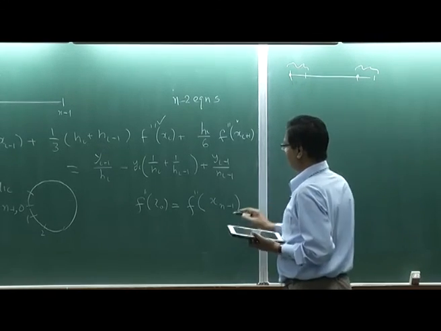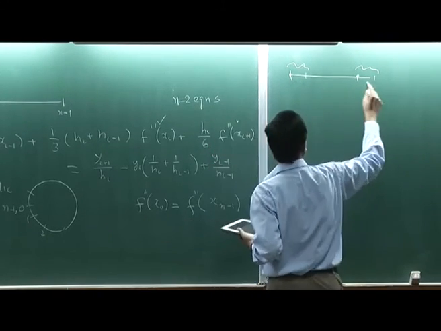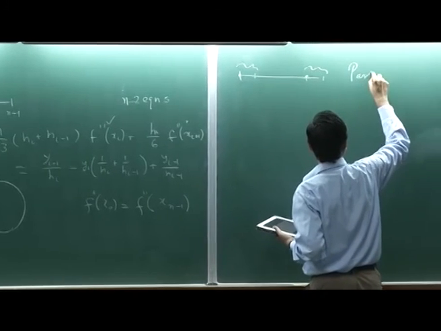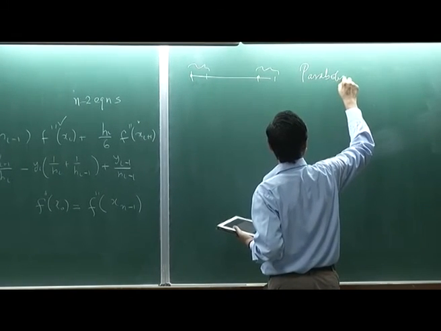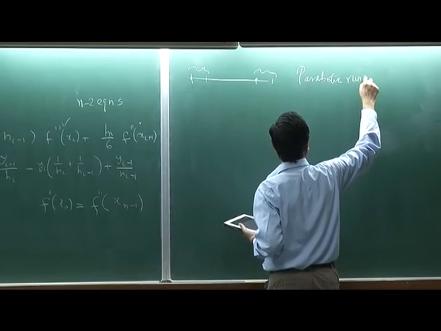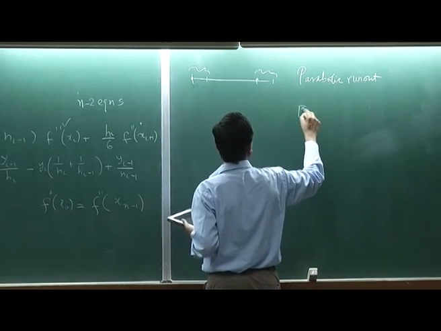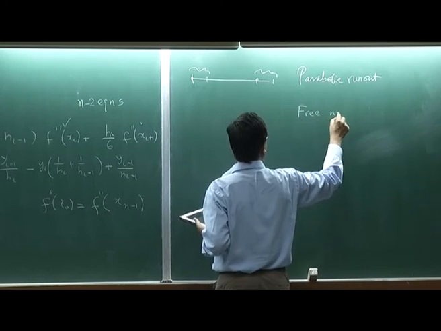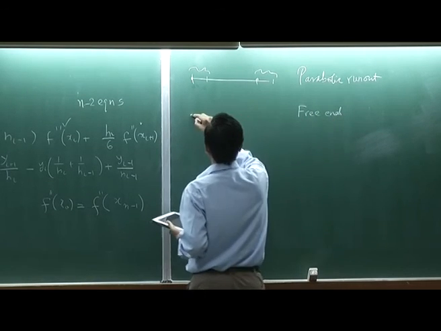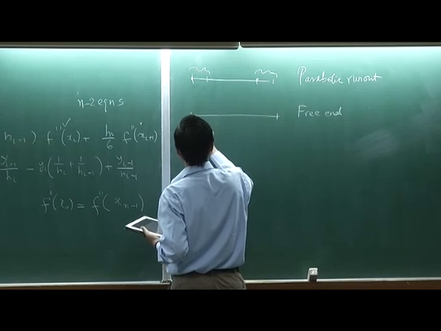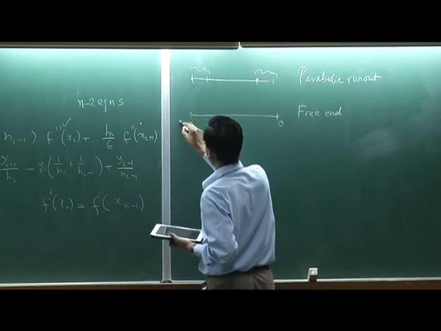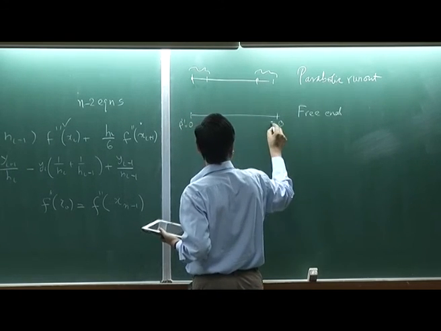So this is periodic, this is parabolic runout, and then free end. Free end, these 2 points have 0 double derivative. F double prime is 0 here.